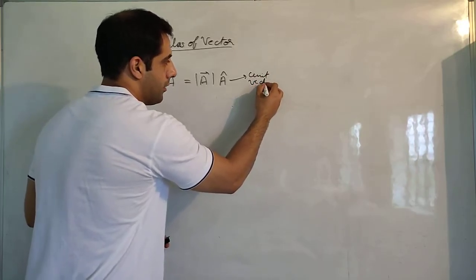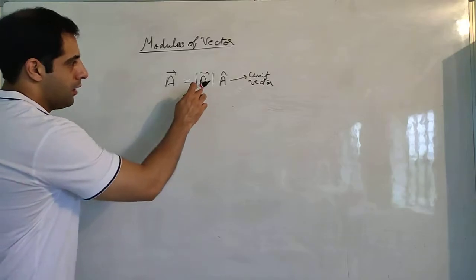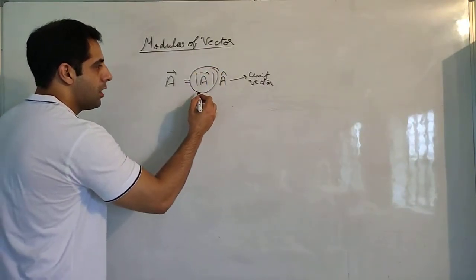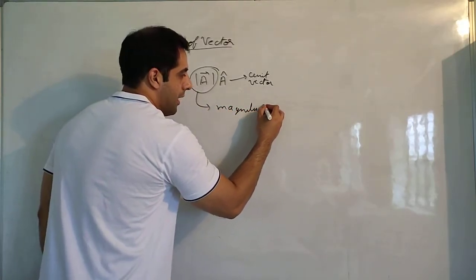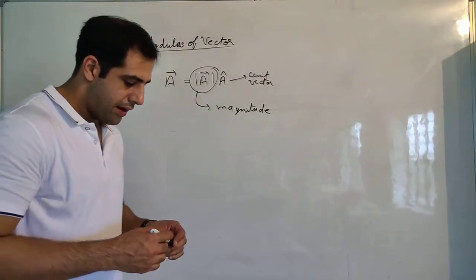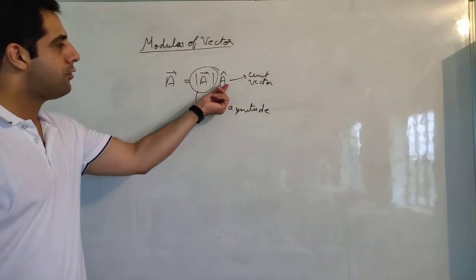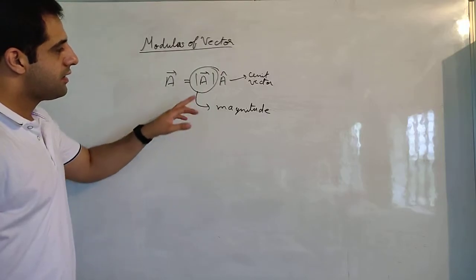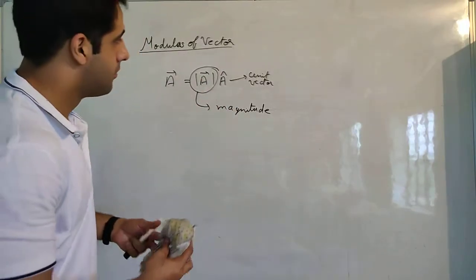But this unit vector gives us the direction. Modulus of vector gives us the magnitude. Why are we putting modulus? Because I told you already, magnitude is generally taken as positive. Minus sign comes only if the direction is in negative direction. So modulus of the vector is this, and this is going to give us the magnitude.